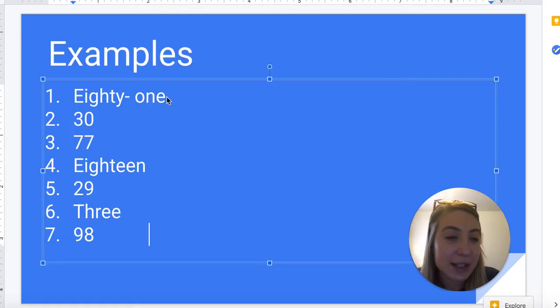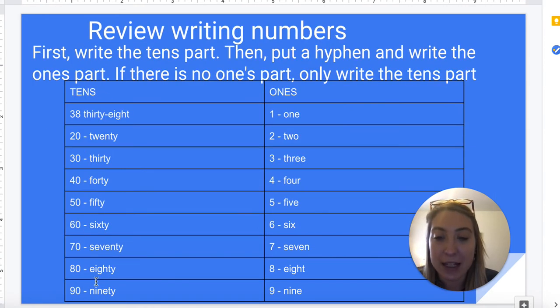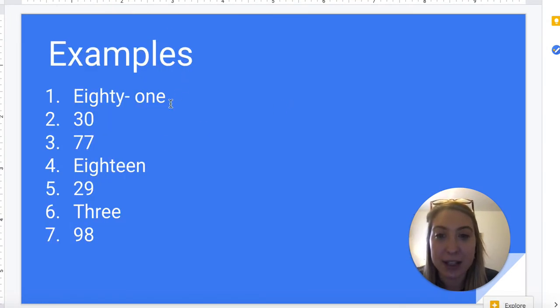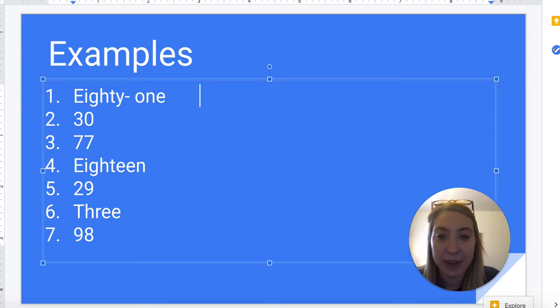Alright, so this is kind of what our homework's going to look like. We're going to either have the written word or we're going to have the number, and we have to pick which one goes together. So here I have 81, and I can look back here and I can find, okay, where in my tens is there 80? So I know it's 8, and then it says 81, so in my ones place, I'm going to put a 1. So it'd look like 80 for my tens place and 1 for my ones place.